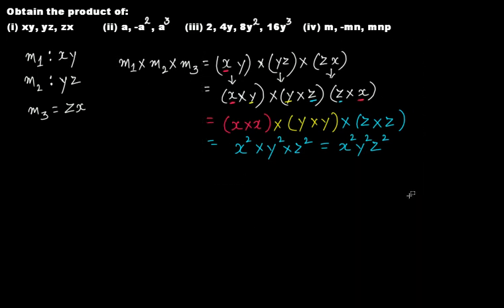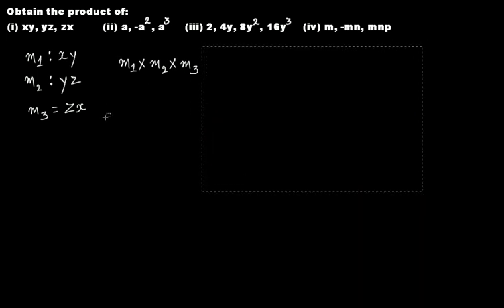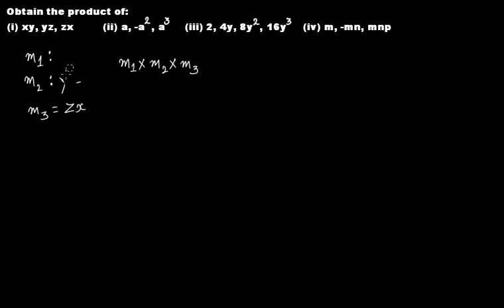Now let's move to the next part. And here you have a, minus a squared, and a cubed. So m1 multiplied by m2 multiplied by m3 is a multiplied by minus a squared multiplied by a cubed. Okay, now this is minus, right?